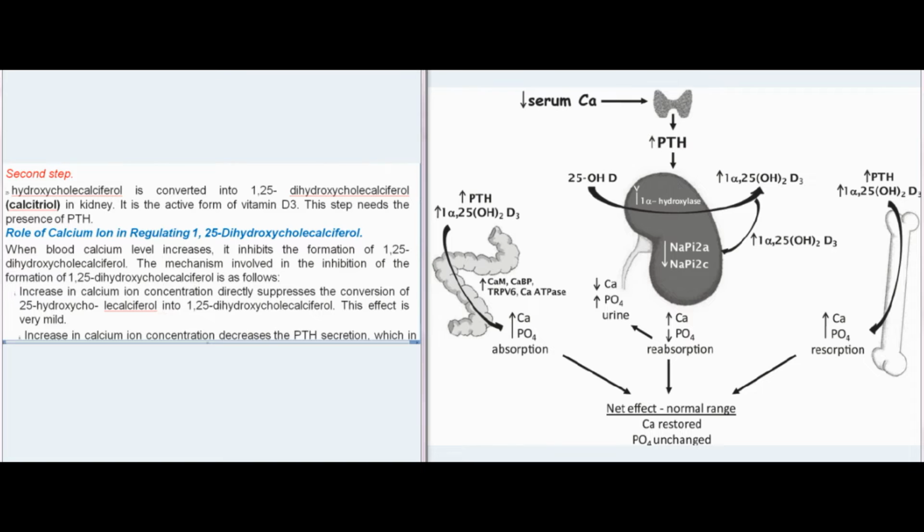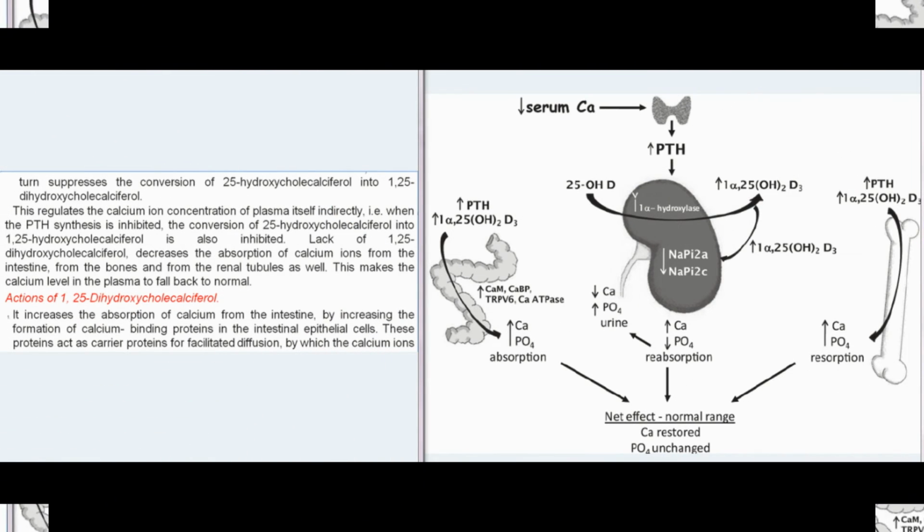Increase in calcium ion concentration decreases the PTH secretion, which in turn suppresses the conversion of 25-hydroxycholecalciferol into 1,25-dihydroxycholecalciferol. This regulates the calcium ion concentration of plasma itself indirectly, i.e. when the PTH synthesis is inhibited, the conversion of 25-hydroxycholecalciferol into 1,25-dihydroxycholecalciferol is also inhibited.